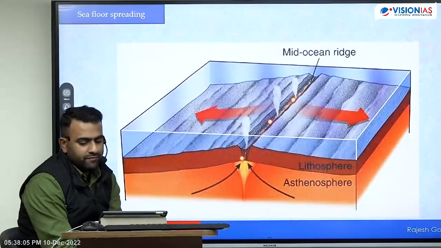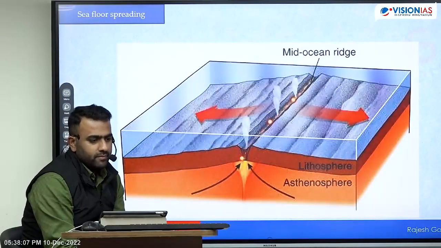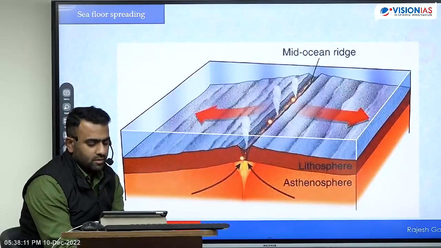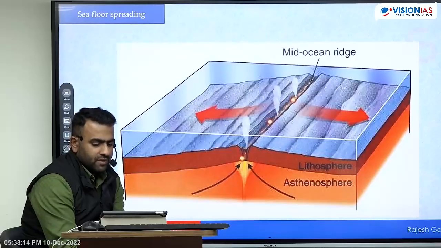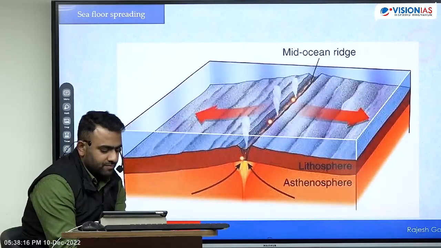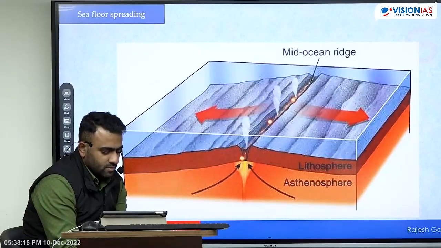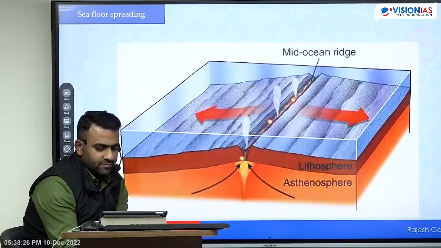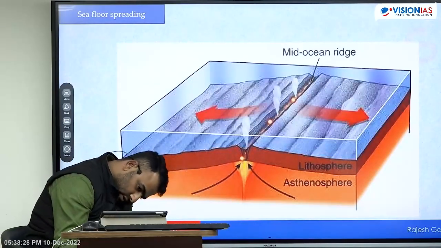Mapping of oceanic floor revealed the following information.